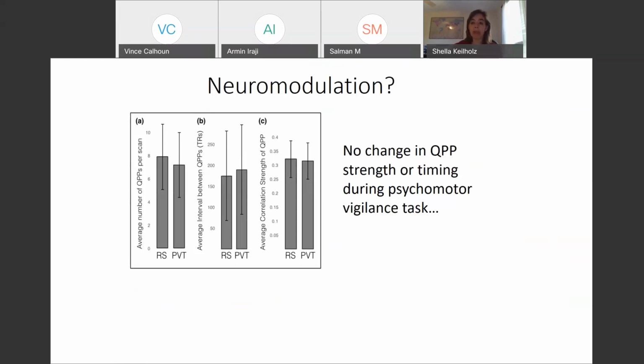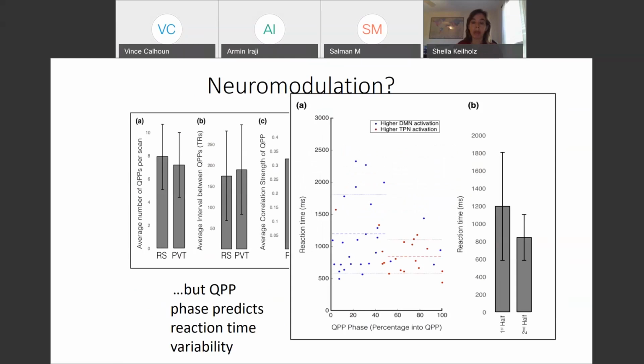But when we looked at how well they performed, we saw a close relationship between higher default mode activation, that particular phase of the QPP, and a more variable reaction time. When the TPN part is dominant in the QPP and we gave stimuli there, we saw much tighter and faster reaction time. And that, again, is consistent with things that people had seen before looking at these networks.